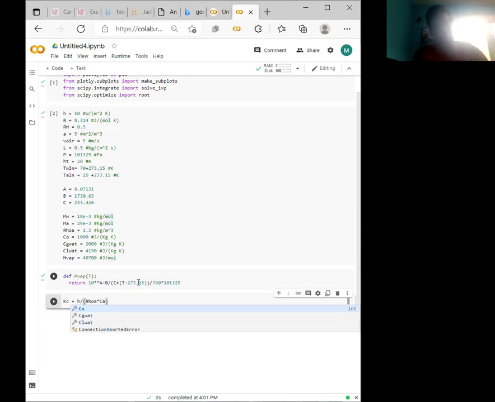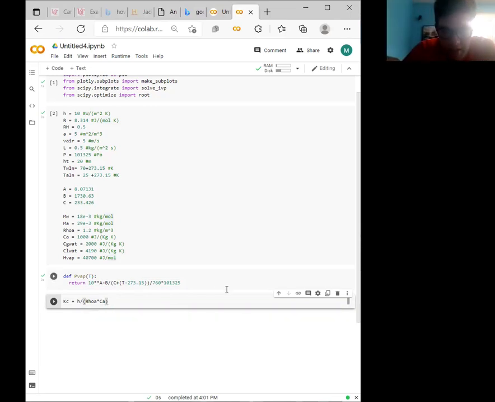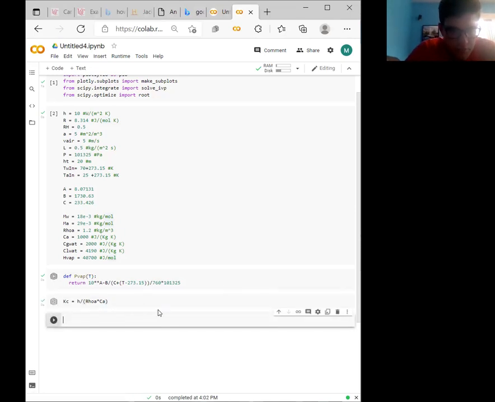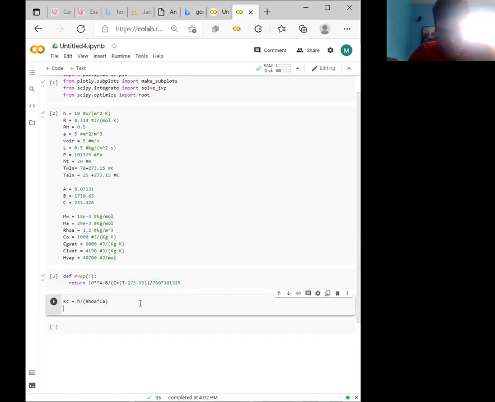Not heat capacity, it's the specific heat of air. That's what it is. Okay, cool. So we're going to do that to find Kc. Oh, I'm going to do a system equation. So I'm glad that works though.